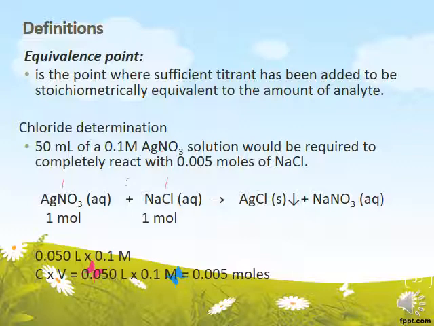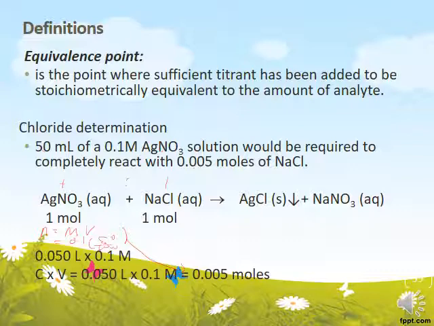So 50 ml of 0.1 molar means the number of moles is M times V. M is 0.1, volume is 50 divided by 1000, we get 0.005.